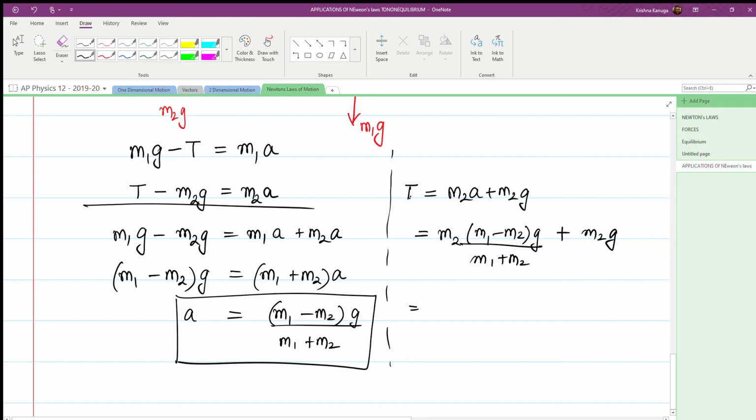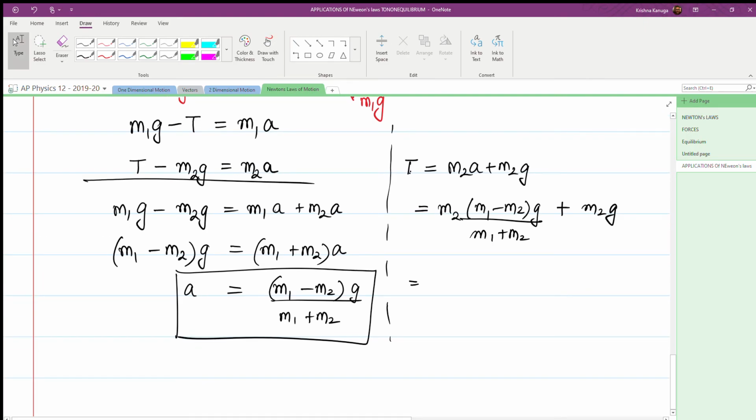Now we can do a little bit of algebra. The common denominator would be M1 plus M2, and to make both terms have the same denominator, we multiply and divide the second term by M1 plus M2.